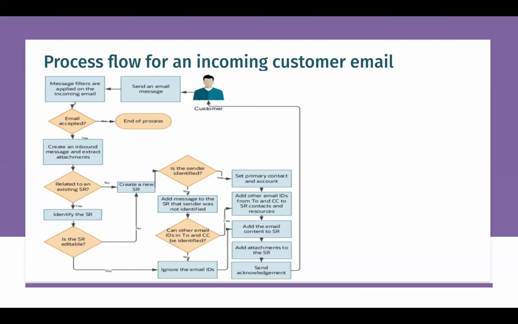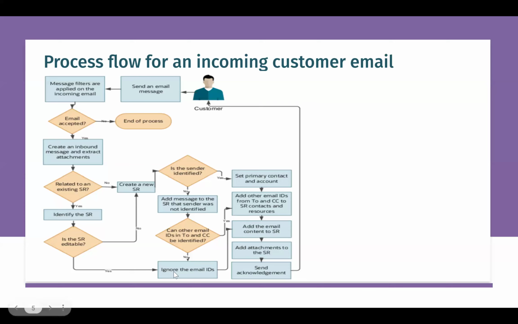If it is an existing open SR, then only can we edit it. So if the SR is identified and it is editable, that means it is open. If it is closed, then again it will create a new SR. But if it is open and editable, then it will add it as a reply message.